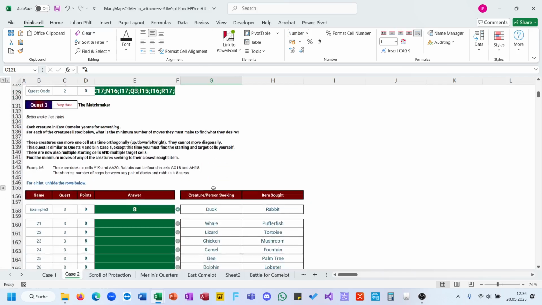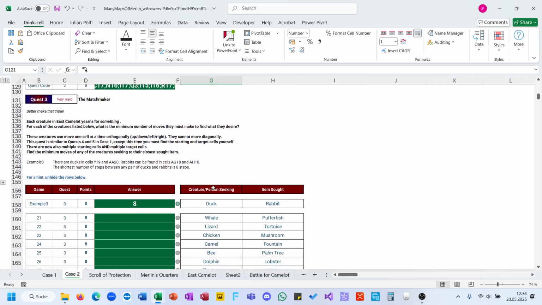Quest 2 was easy. It should be a hard one. Each creature yearns for something. They can move. Minimum moves for all the creatures seeking.